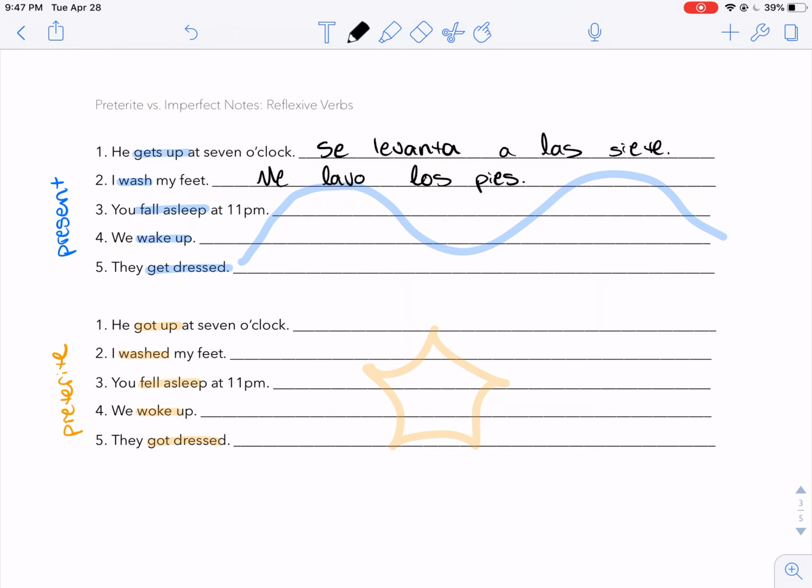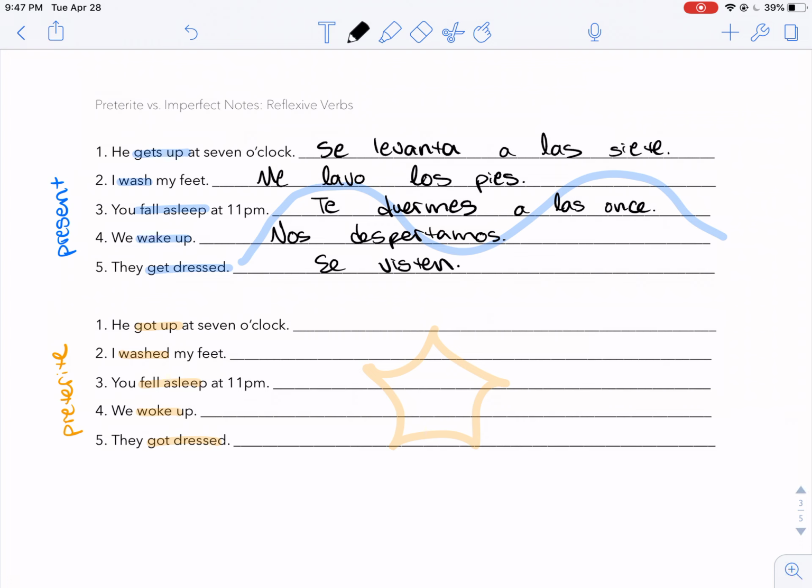You fall asleep at 11. Te duermes. Oh, check out that stem changer. So good. A las 11. We wake up. Nos despertamos. And finally, they get dressed. Se visten. Oh, check out that stem changer again.